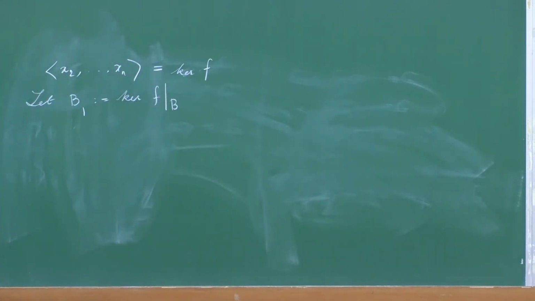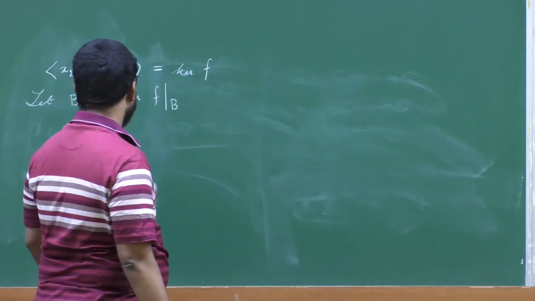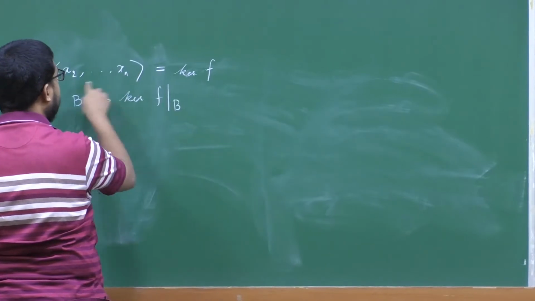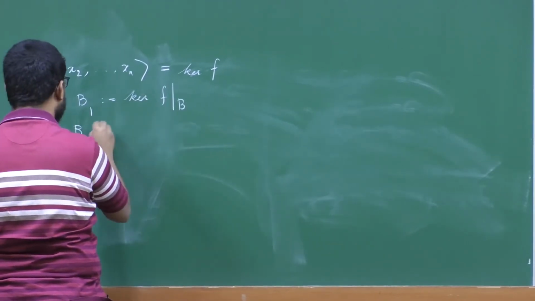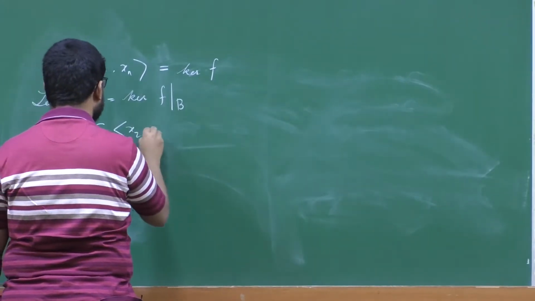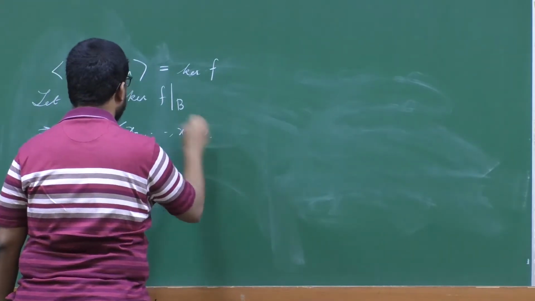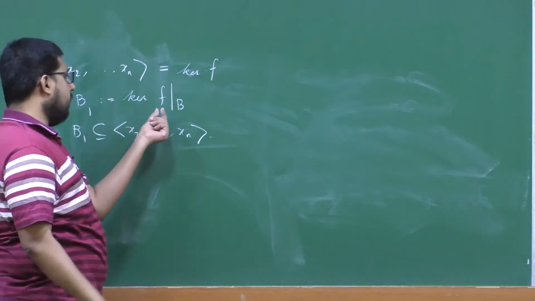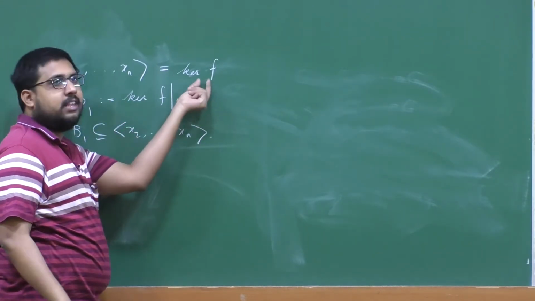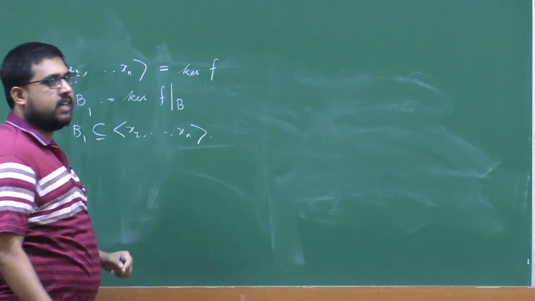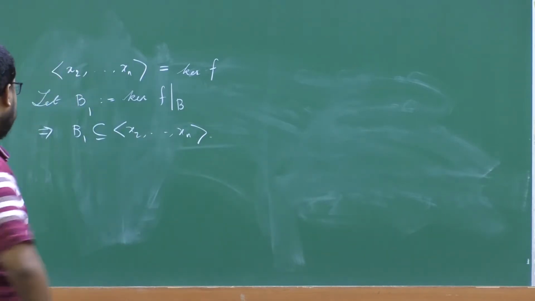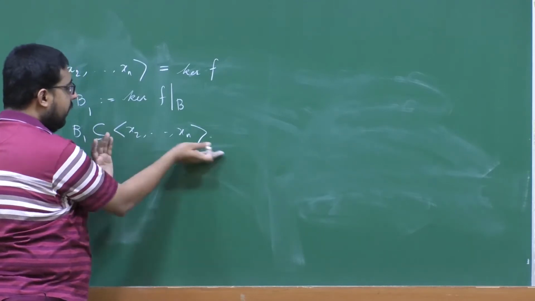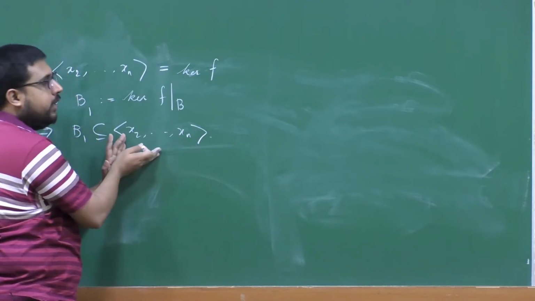Then the kernel of the restriction and the original kernel are related like this. Therefore B1 has to be contained inside this subgroup, right? Because the kernel of the restriction will be contained in the kernel of F, and the kernel of F is precisely this.